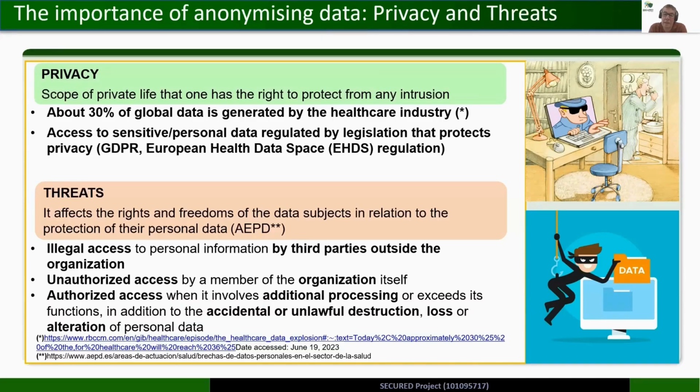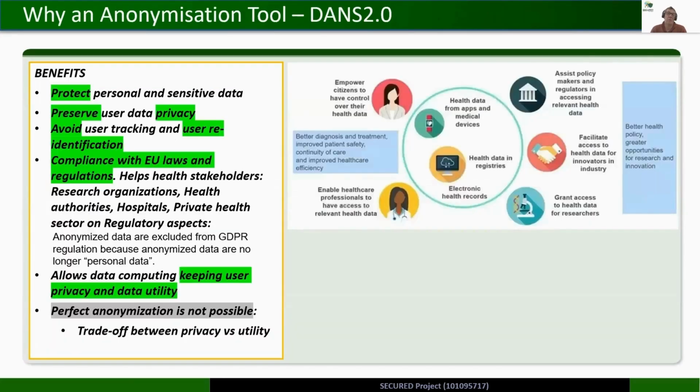In the last case, some additional processes on the data, such as destruction, loss, or alteration of the information, can occur, accidentally or unlawfully. So we have to consider this aspect.